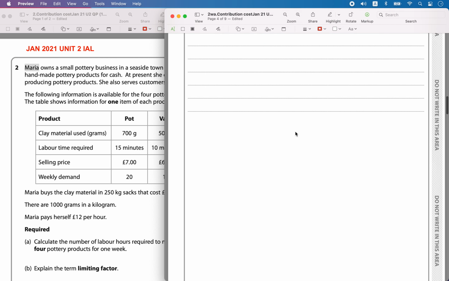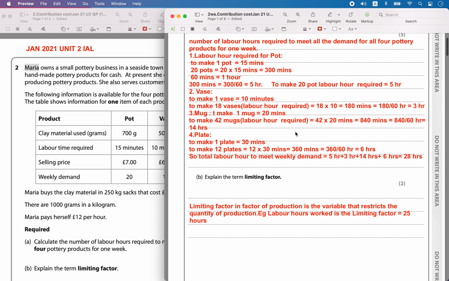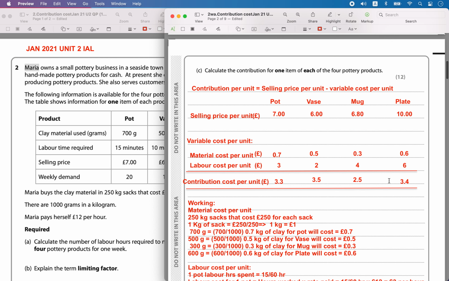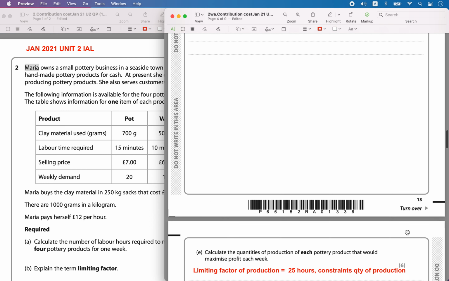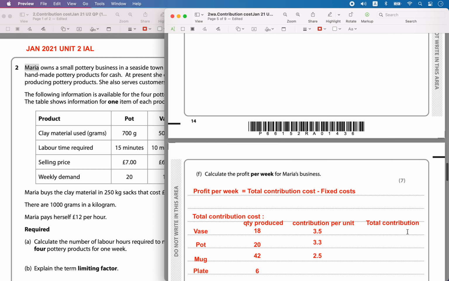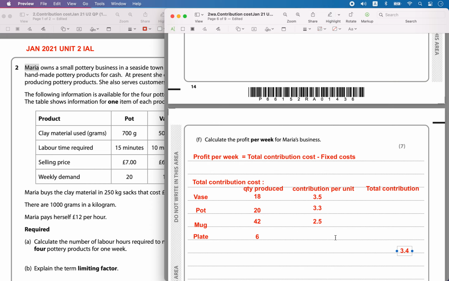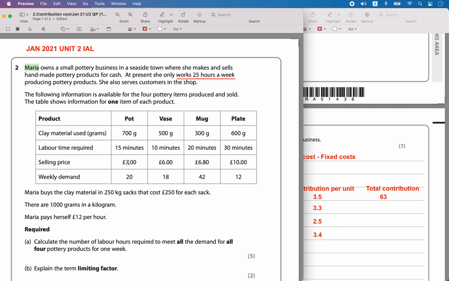So we write 6 plates, and the contribution per unit for the plate was 3.4, which we had calculated in part C. Now the total contribution: 18 times 3.5 is equal to 63 pounds.